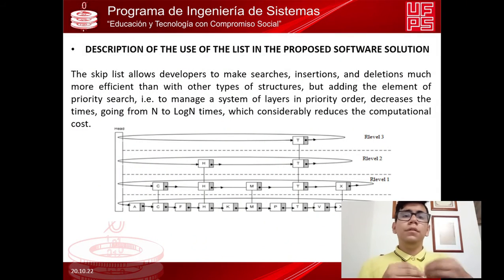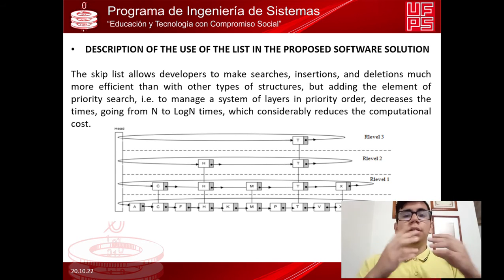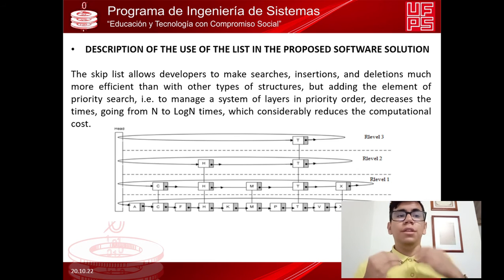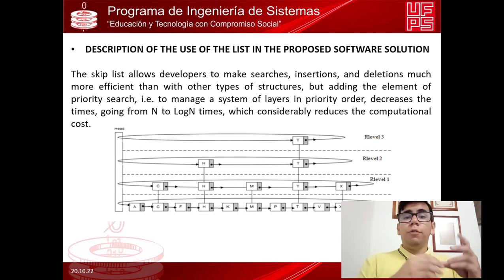The description of the use of the list in this proposed software solution: the skip list allows developers to make search, insertion, and deletion much more efficient than with other types of structures, but adding the element of priority search, that is, managing a system of layers in priority order, decreases the time from n to log n, which considerably reduces the computational cost.